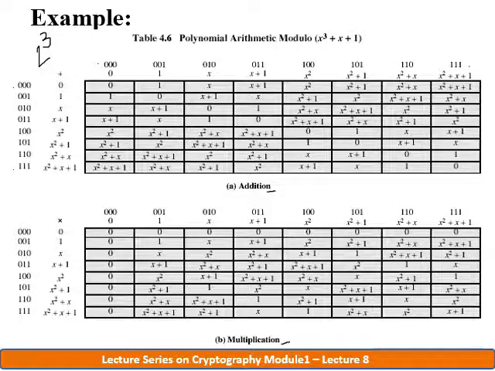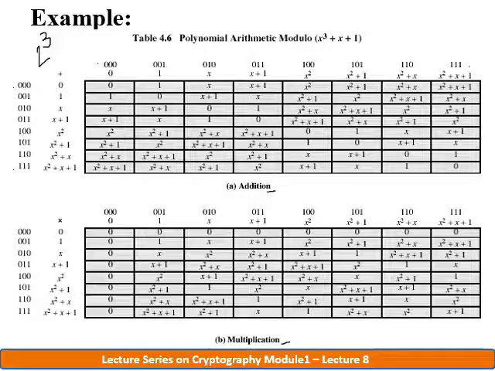Similarly, along the row wise, we are finding 000 means 0, 001 means it is 1, 010 means it is x, 011 means it is x plus 1, 100 means it is x square, 101 means it is x square plus 1, 110 means x square plus x, and finally x square plus x plus 1. Now you simply perform the XOR operation between these two values.